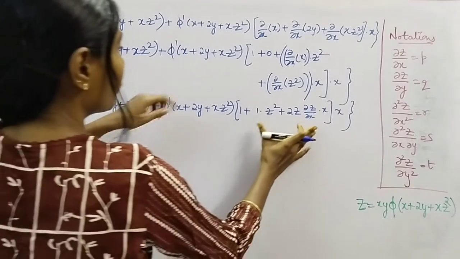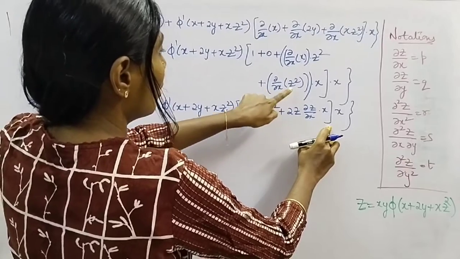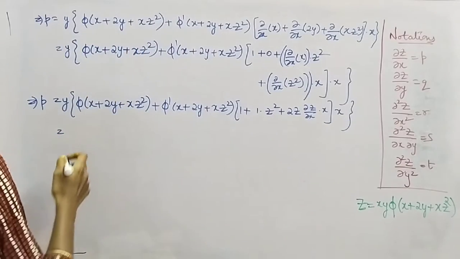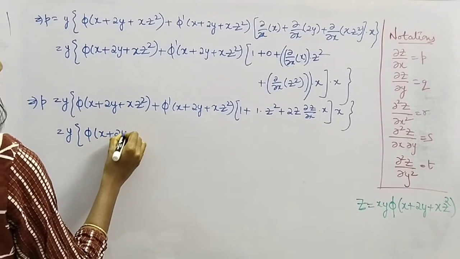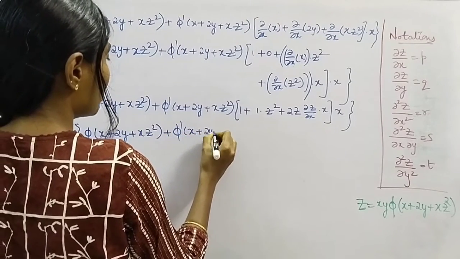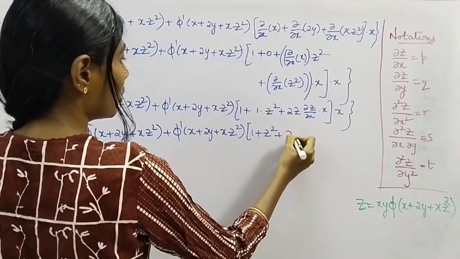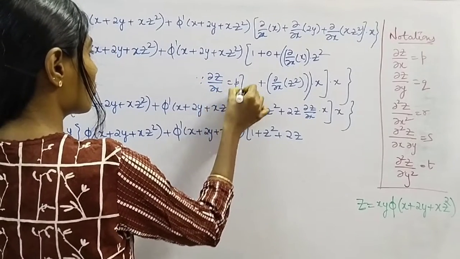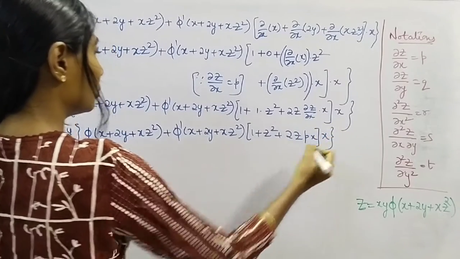If you want, you can check it. Under square brackets, you'll have 1 plus 1 into z square plus 2z into dou z by dou x into x. Outside the square brackets, you'll get x, right? Fine. And this gives us y times phi of x plus 2y plus xz square plus phi dash of x plus 2y plus xz square into 1 plus 1 into z square plus 2z into, since dou z by dou x equal to p, just replace it by p, you'll get px into this x.